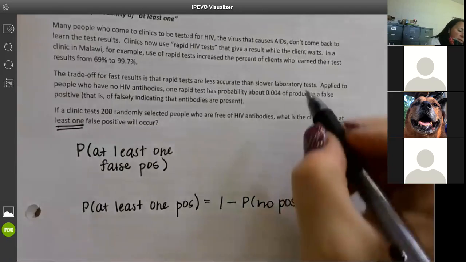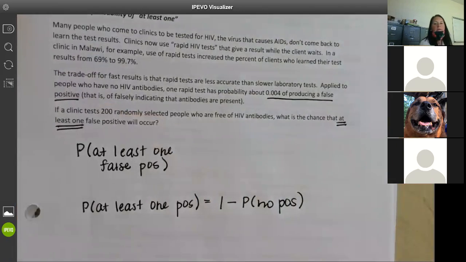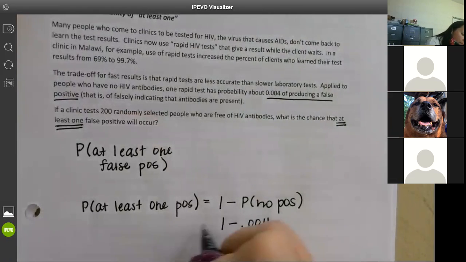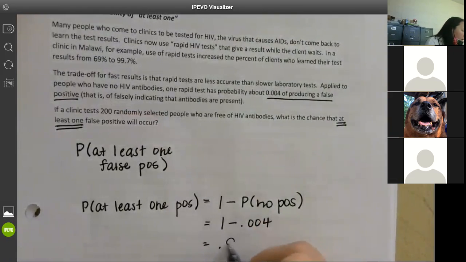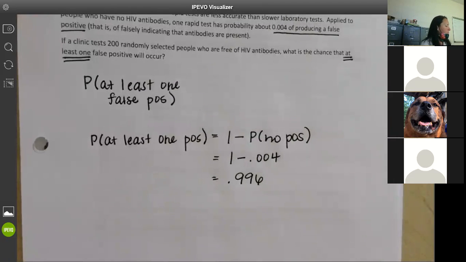Because it says right here, of producing a false positive. So we're going to subtract that and get a probability of 0.996. Guys, please pay attention to this example. Okay?